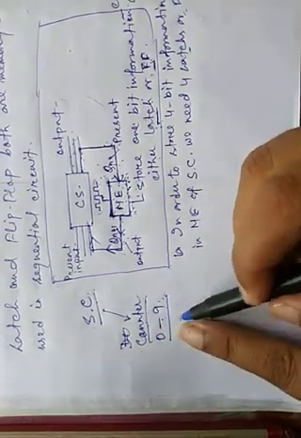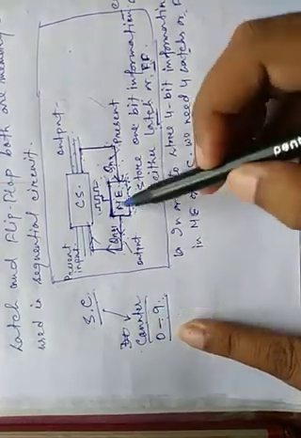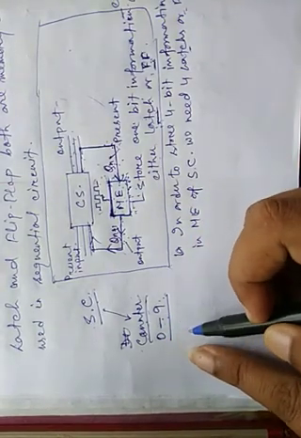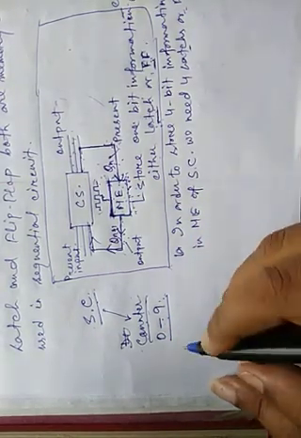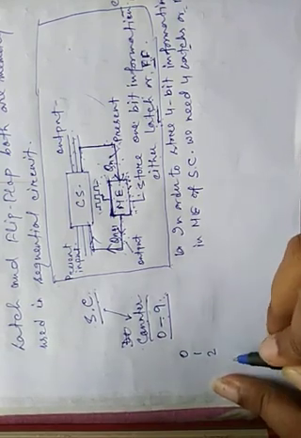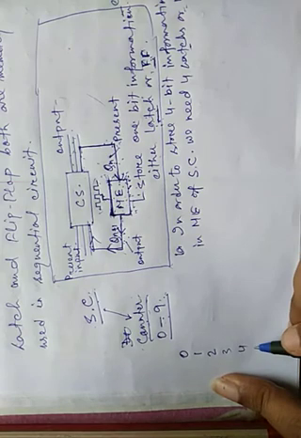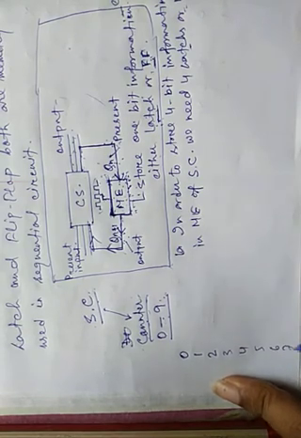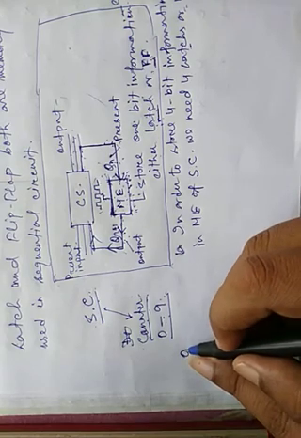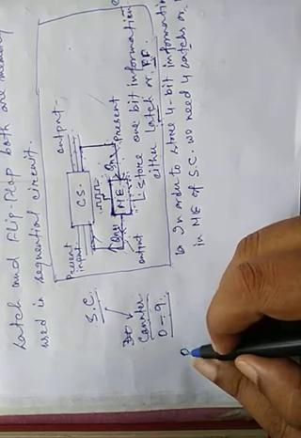Here we are going to learn why we use this memory element. The purpose of the counter is to count numbers: 0, 1, 2, 3, 4, 5, 6, 7, and in this way it counts from 0 to 9. Suppose at first the value is 0.